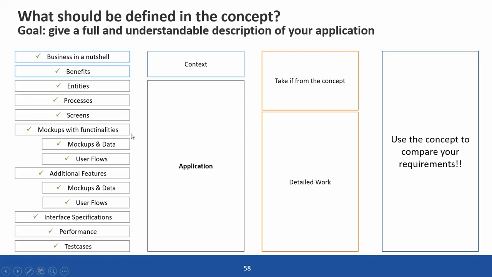So it's better to start with the entities, processes, screens, and when you know everything, then start with the mockups, with the wireframes for every site, because you already know what to put in, what buttons, fields, and text fields you need, and you can put them in and don't forget them. And so you will have fewer changes and will forget less, and you will have a better requirement document that you can give a developer and get a really better estimation. And like I said in the end, never forget to check it against the concept.